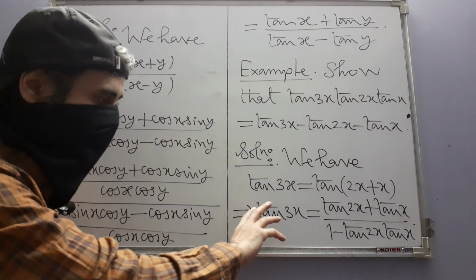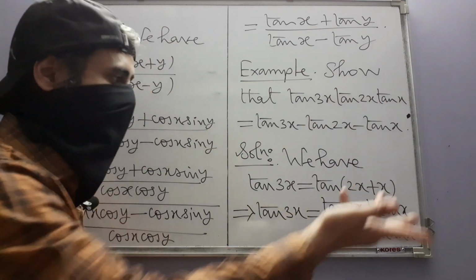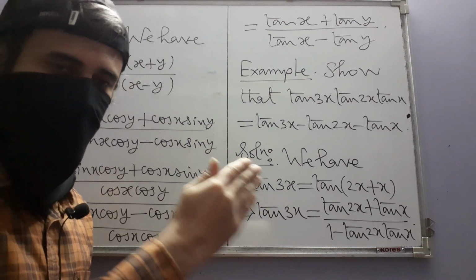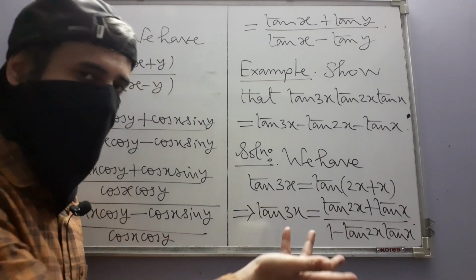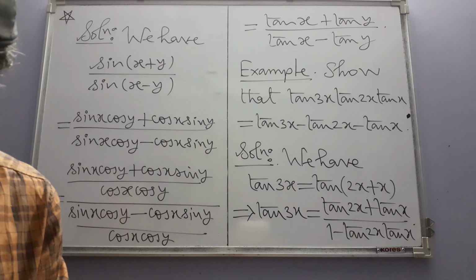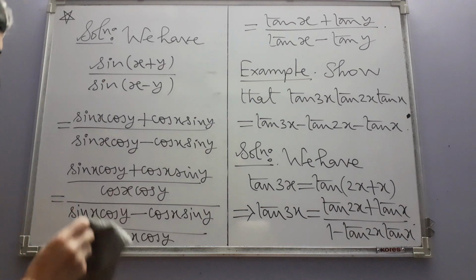These are the terms, tan x, tan 2x and tan 3x, and now let's see what we get from this without changing those terms.